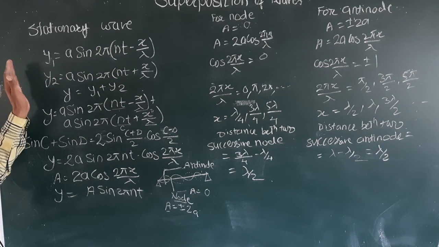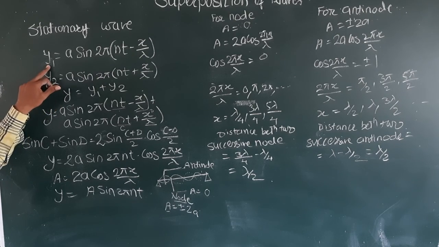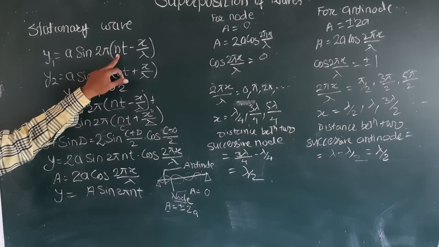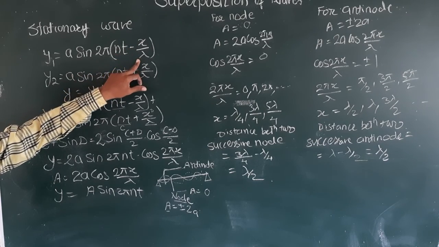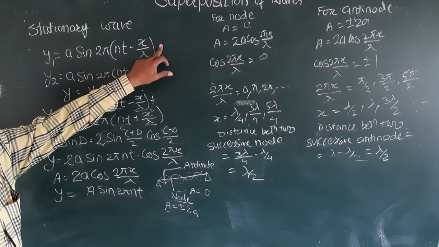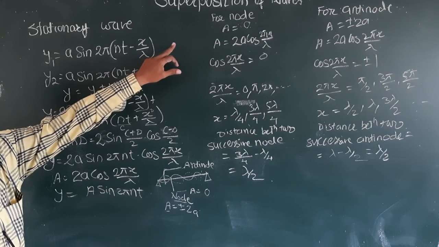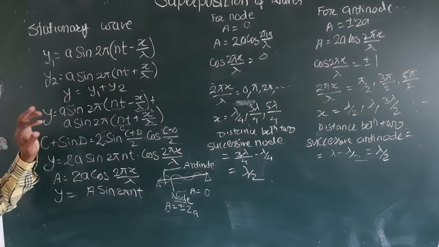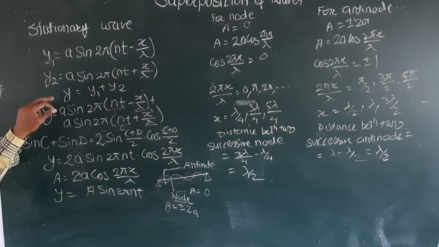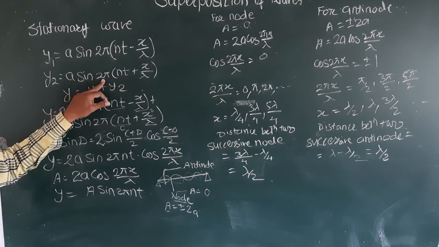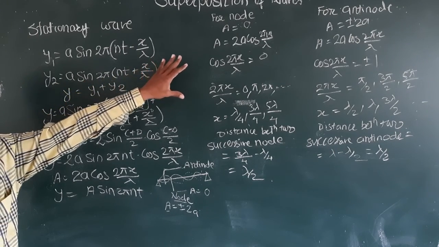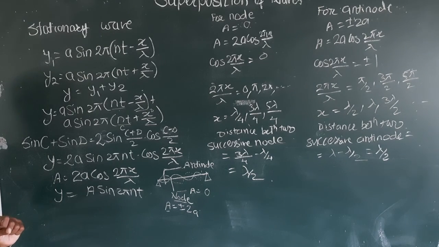Their displacement equations are given by y1 is equal to a sin 2 pi (nt minus x upon lambda) for the wave traveling along the positive x-axis direction. The second wave is y2 is equal to a sin 2 pi (nt plus x upon lambda), traveling along the negative direction.